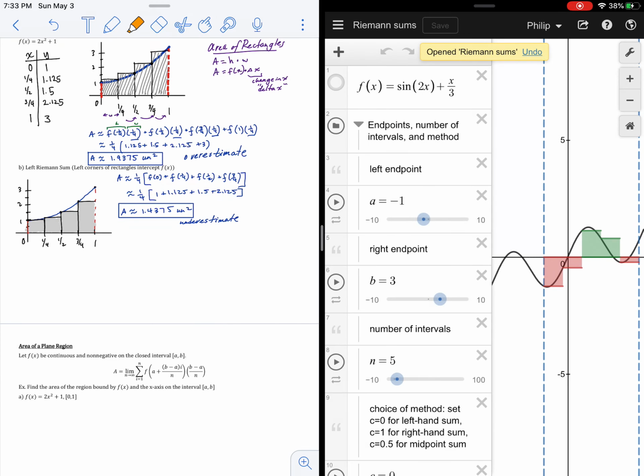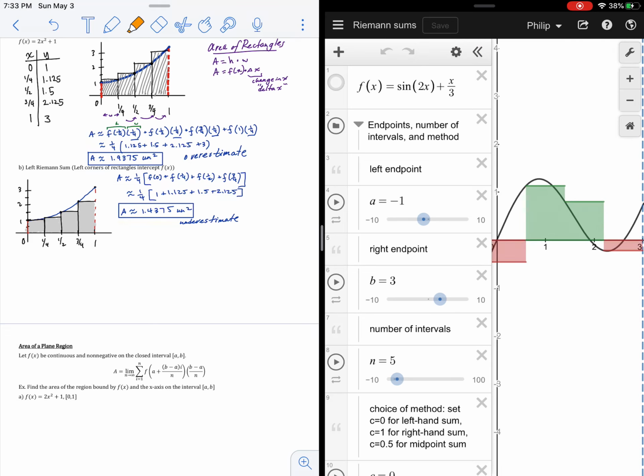Oh, it went away. So here, let me go ahead and zoom in on this. Right now we're looking at some Riemann sums that are both negative and positive. We haven't discussed that yet, so don't worry too much, but I just want to hopefully model this idea.